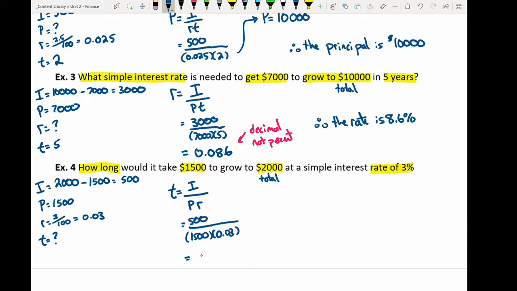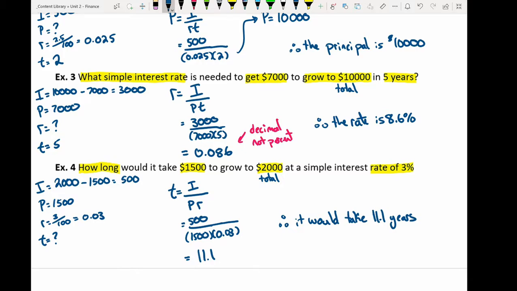And in the end, we should get a time of 11.1 years.